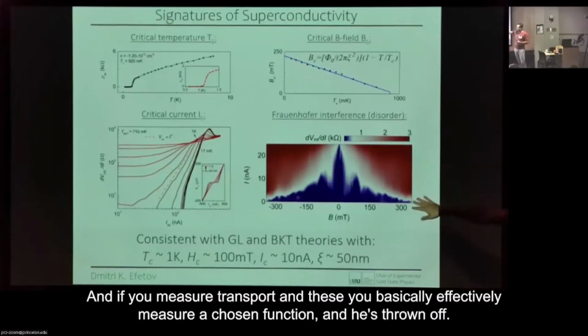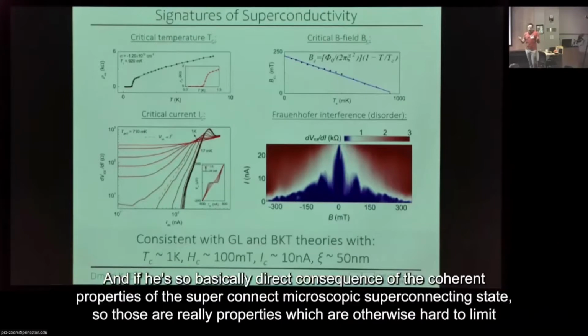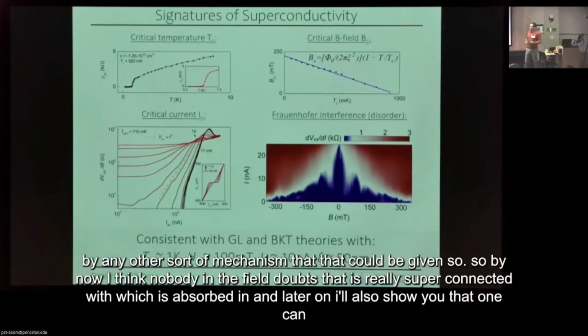And these Fraunhofer interference patterns are a direct consequence of the coherent properties of the macroscopic superconducting state. So those are properties which are otherwise hard to mimic by any other mechanism. So by now, I think nobody in the field doubts that it's really superconductivity which is observed.